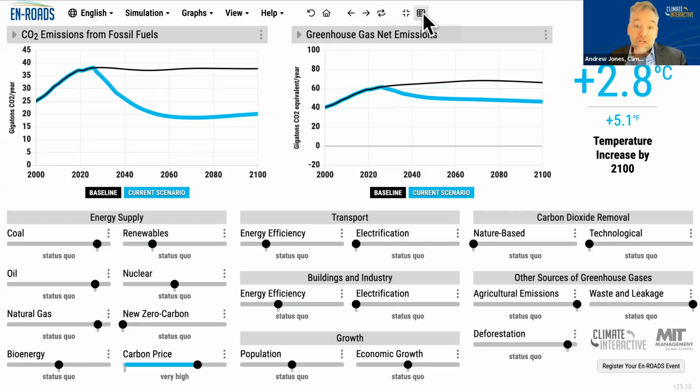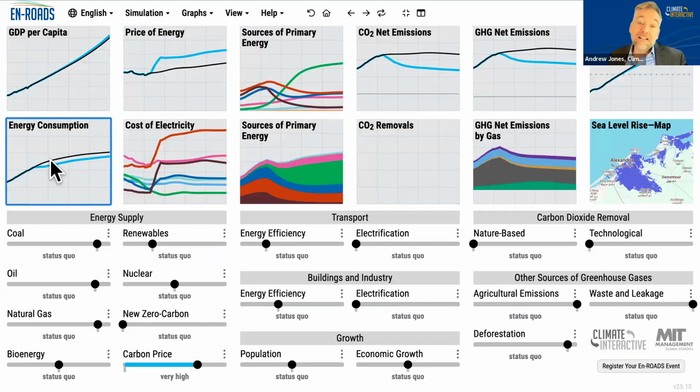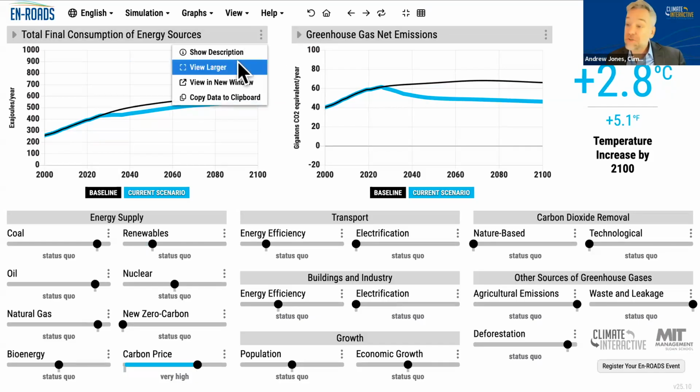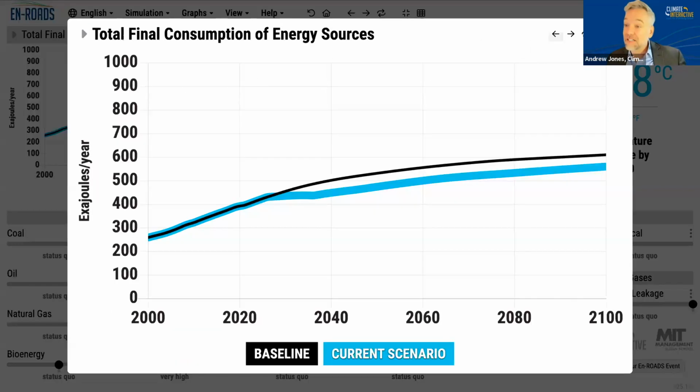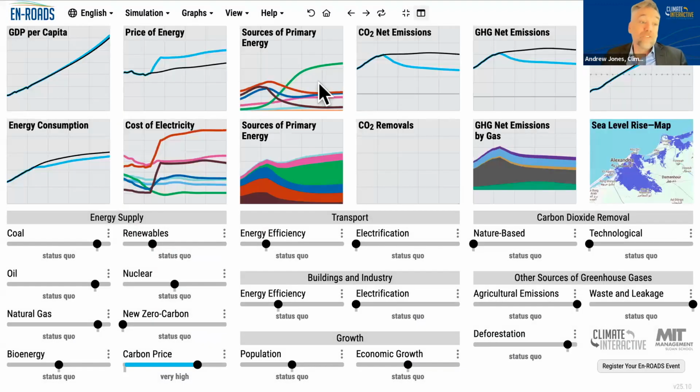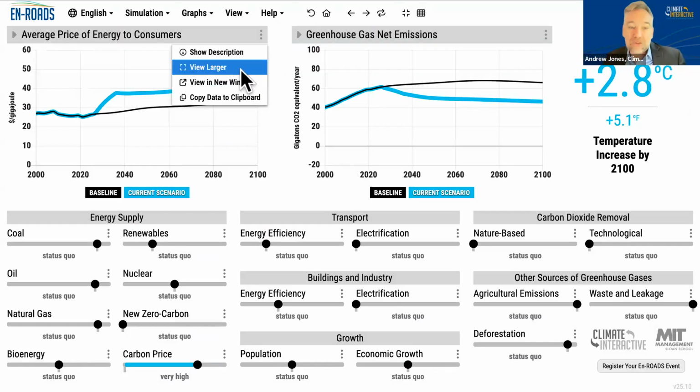It has another effect, that it reduces energy consumption. Any thought about why? Anyone want to call out why it is bringing energy consumption down so much? People just use less energy. Because it's expensive, exactly.